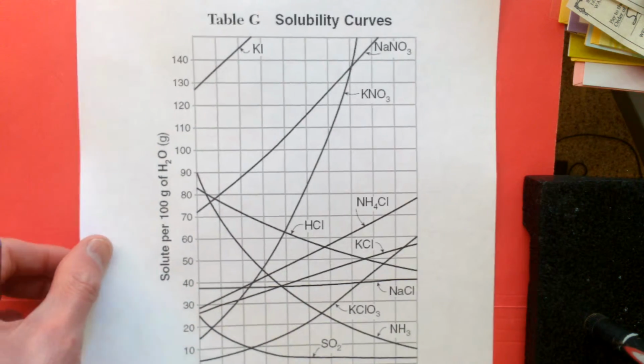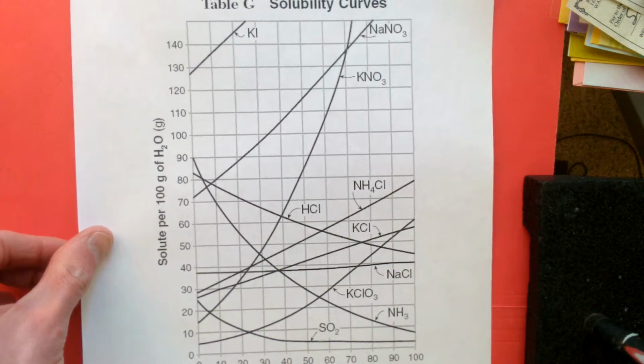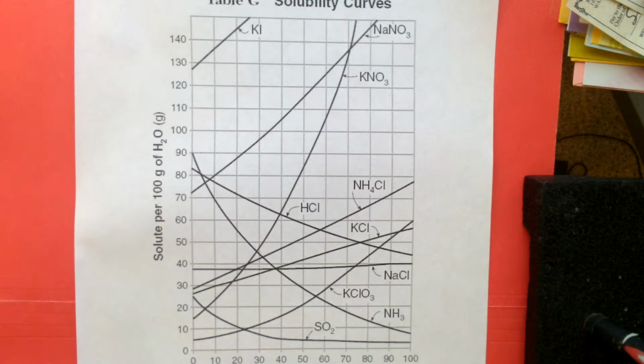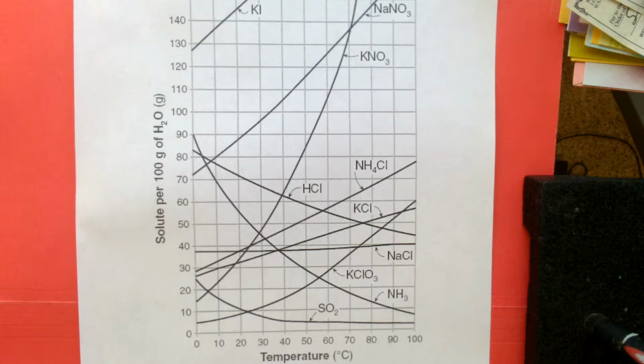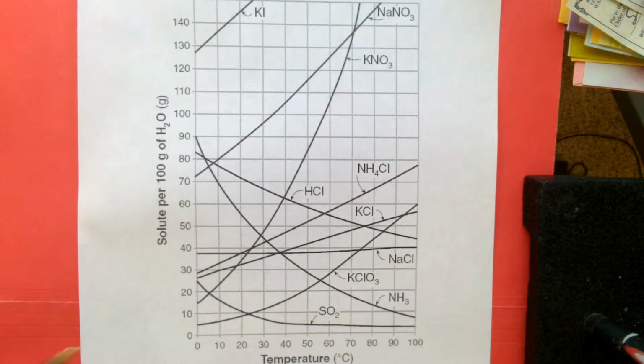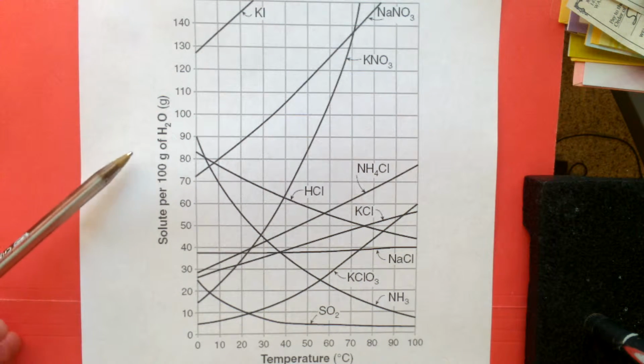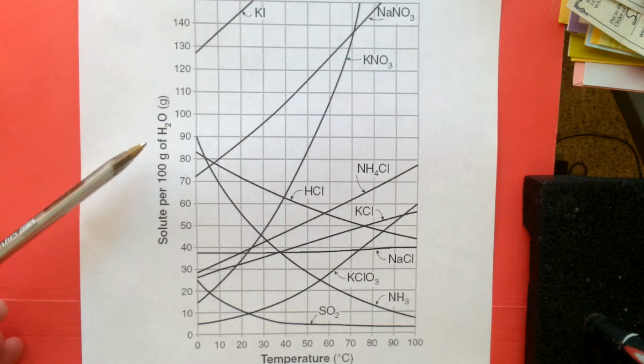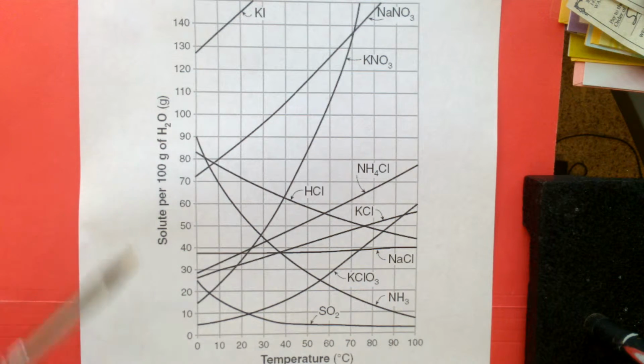Okay, now let's look at one other thing before we wrap up solutions. Let's look at solubility curves. With solubility curves, what we have here is the solubility of a substance. Each one of these lines represents a different compound. It shows how much dissolves in 100 grams of water, water being the solvent, at various temperatures.